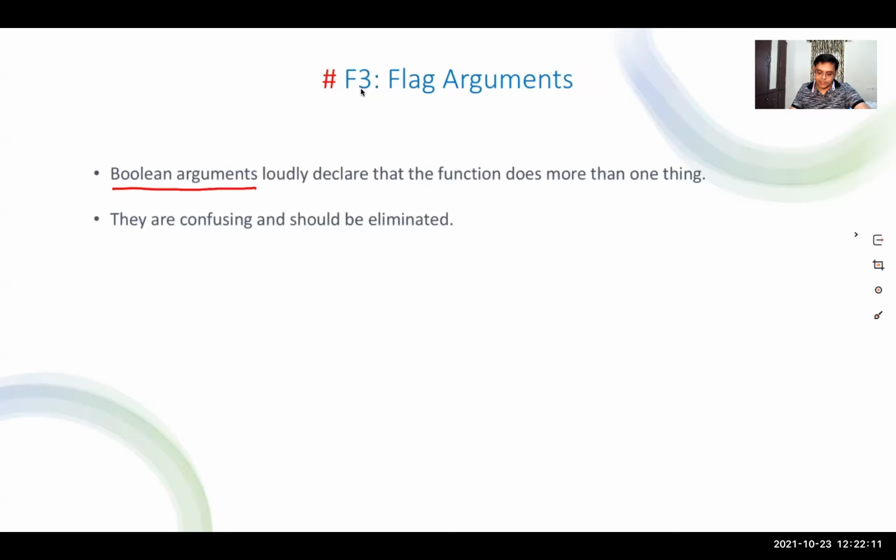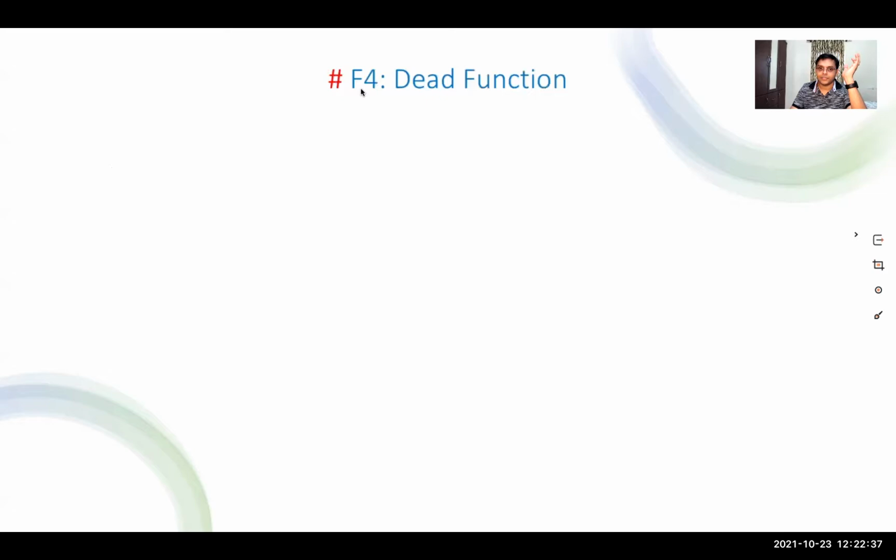A lot of places I'm passing some true or false variables, and if you look into that function, it may be doing some kind of if-else conditions, doing something else with the flag arguments. So be aware that if you use Boolean arguments somewhere, try to find out whether it is doing more than one thing in that particular function.